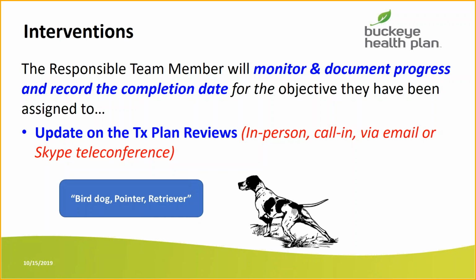You can update it in person. Or if not, you may have to call in, or you may have to email, or you may have a Skype teleconference. So the problem is when the program has not been through a program redesign and there is no interdisciplinary team approach at any level, how is this information being updated?